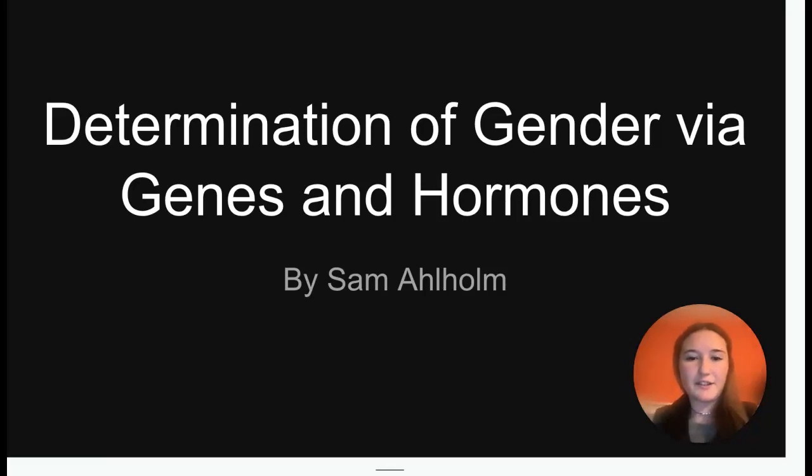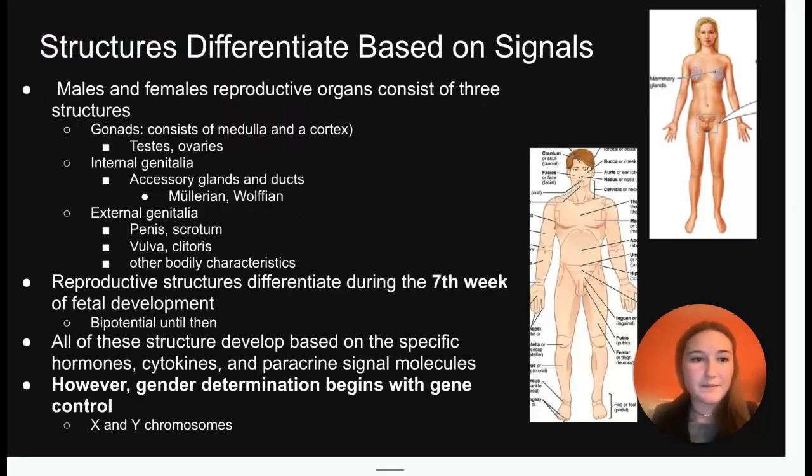So, I'm going to be talking to you guys about how gender is really determined by your genes and your hormones. We'll first start this presentation off by going over the reproductive organs that develop during the embryo based on your gender. It's made up of three structures: the gonads, internal genitalia, and external genitalia.